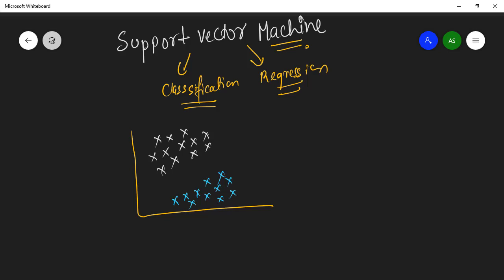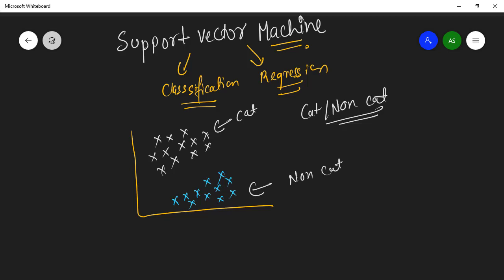So let's assume that you are working on a CAT and non-CAT recognition system. What SVM does is, here you can see, let's assume that white color is for CAT images, meaning the labels are CAT, and blue color let's take as non-CAT.